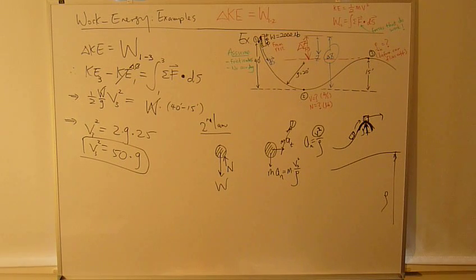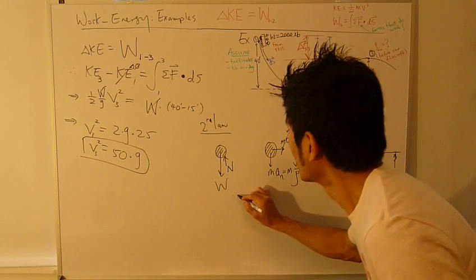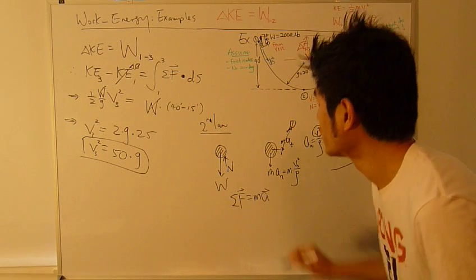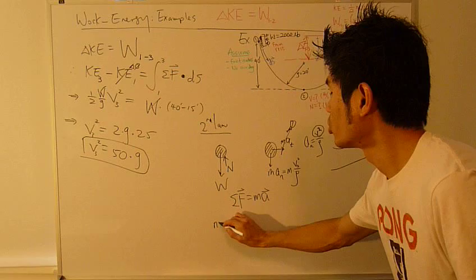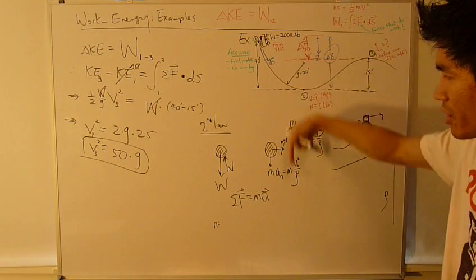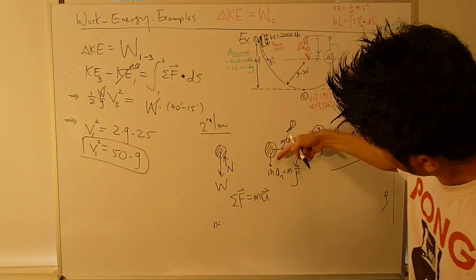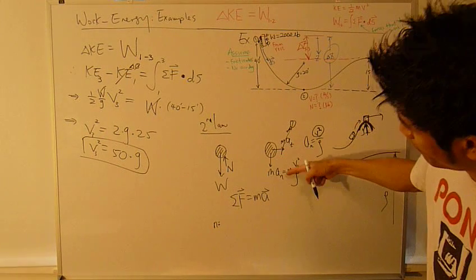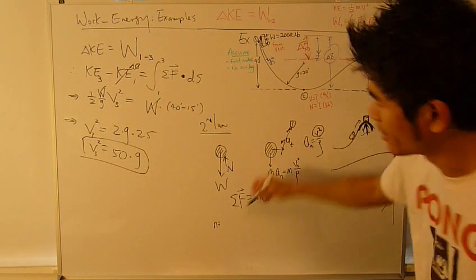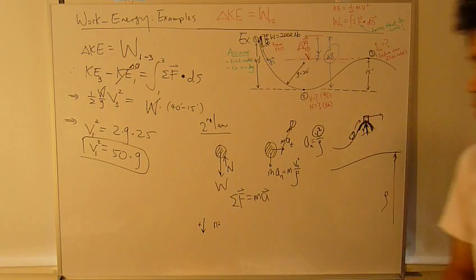Let's put it together into Newton's second law, applied in the normal direction, which in this case is the same as the vertical direction. Since I have the normal component of acceleration pointing downward, it may be more convenient to define my positive as pointing down.